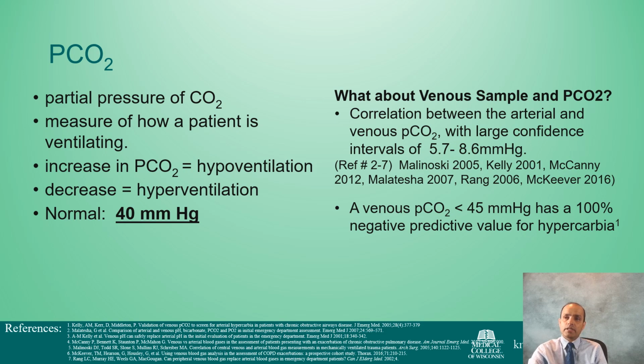There was a study by Kelly et al., published in the Journal of Emergency Medicine in 2005. What they found was that a PCO2 less than 45 has a 100% negative predictive value for hypercarbia. This is something you can utilize in clinical practice to avoid an arterial puncture in your patient.